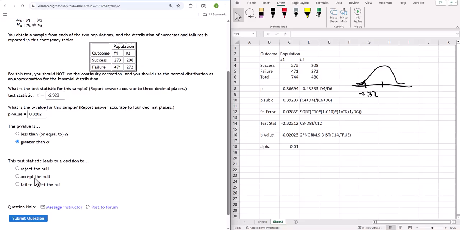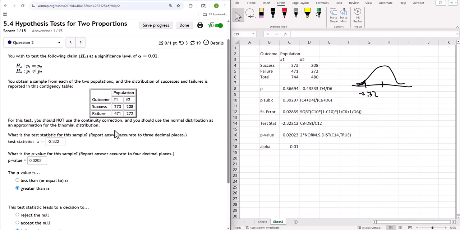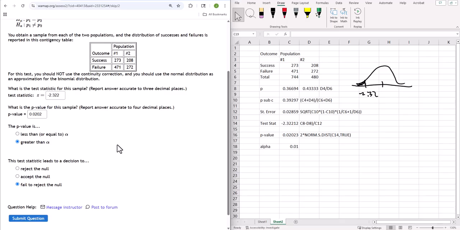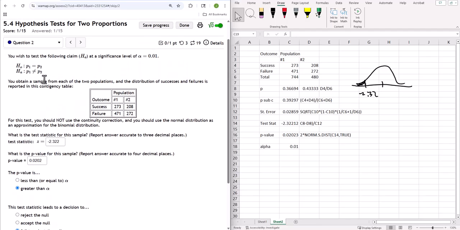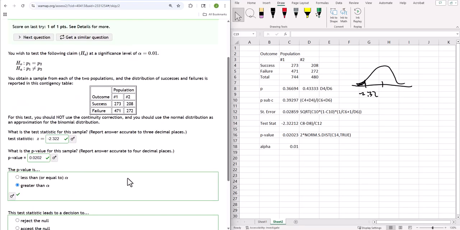So kind of going back to that court of law thing, we can say there is enough evidence or there is not enough evidence, but we can't really prove something did or didn't happen, or that's the idea here. So in this case, we fail to reject the null hypothesis. We reject the null hypothesis if our p-value is less than alpha. Otherwise, we fail to reject it. And in this case, if we fail to reject the null hypothesis, then there is not enough evidence to conclude that the proportions are different at this level.